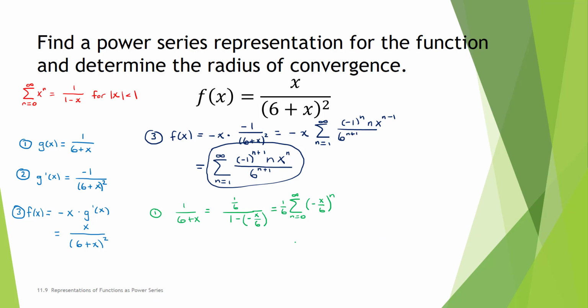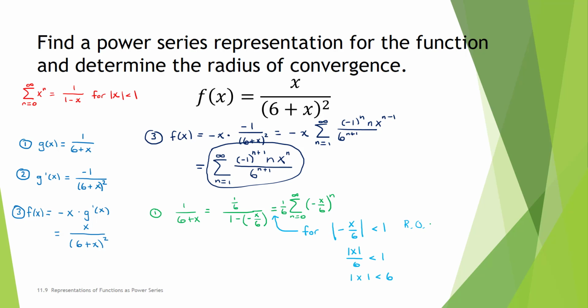Now the interesting step for the radius of convergence is when we write this function as a power series, this is true if the absolute value of that common ratio, negative x divided by 6, is less than 1. In other words, the absolute value of x divided by 6 is less than 1, so the absolute value of x is less than 6.